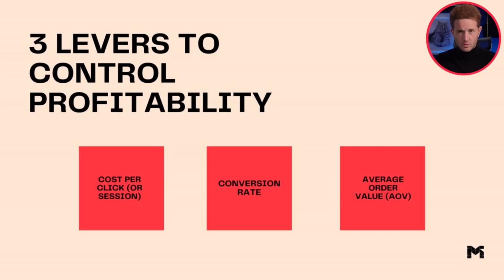There are 3 important levers, optimizations, and these are sort of your guiding principles for everything you do. When you're looking to control profitability, the most dramatic, significant impact to profitability will come from these 3 metrics. Your CPC, which is your cost per click or your cost per session, right? A click on a digital ad will lead that user typically to your landing page, to your website.